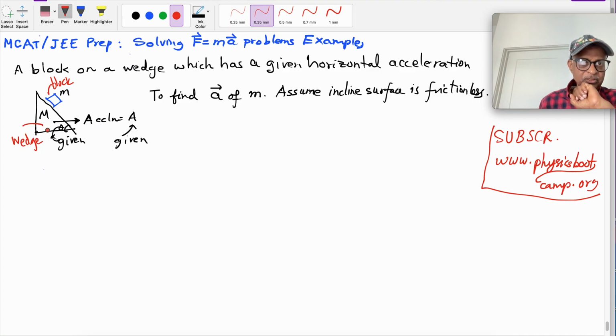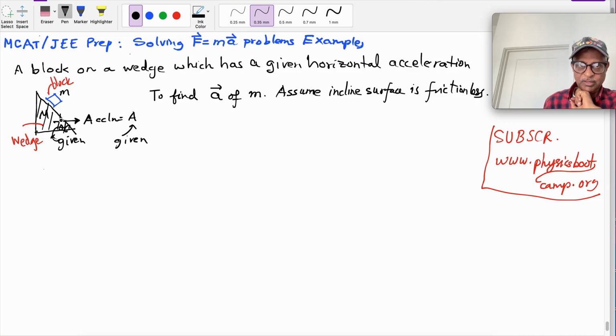This is the only thing that's given: the wedge itself, this structure, has an acceleration a. It doesn't mean the block has acceleration a.